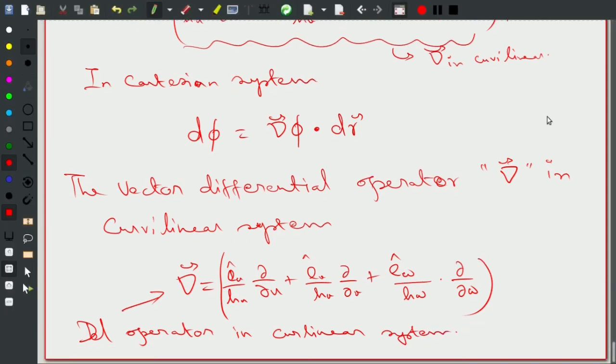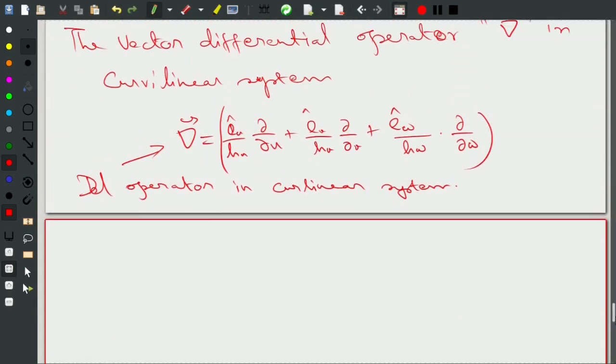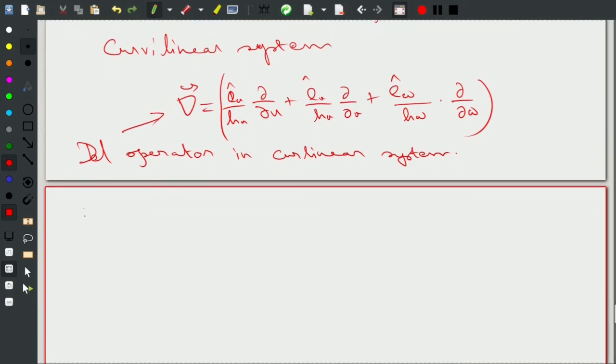Similarly, we can find the divergence in curvilinear system. In order to find the divergence, let's suppose we have a vector function. Let f vector be a vector function in curvilinear system.